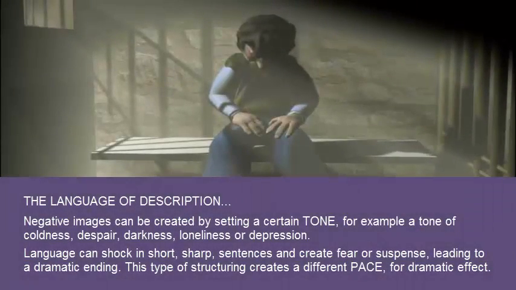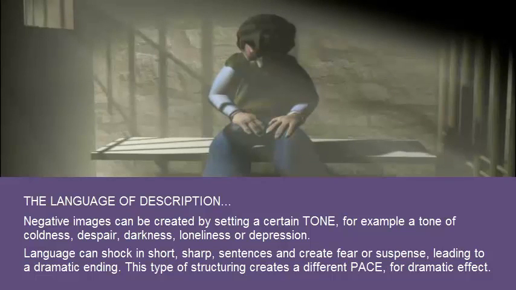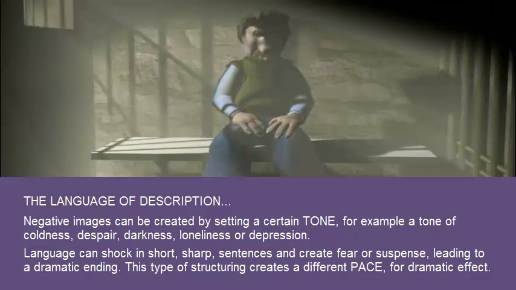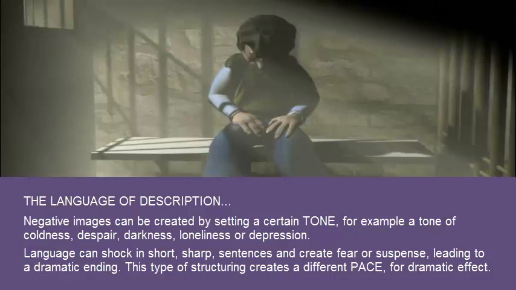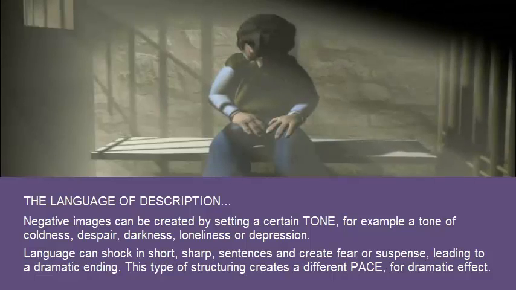Negative images can be created by setting a certain tone, for example, a tone of coldness, despair, darkness, loneliness, or depression. Language can shock in short, sharp sentences and create fear or suspense, leading to a dramatic ending. This type of structuring creates a different pace for dramatic effect.